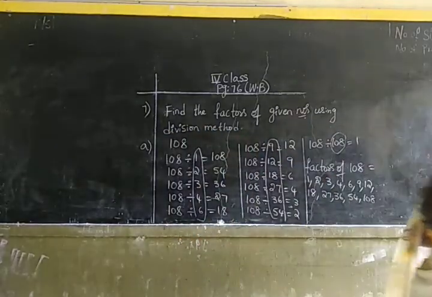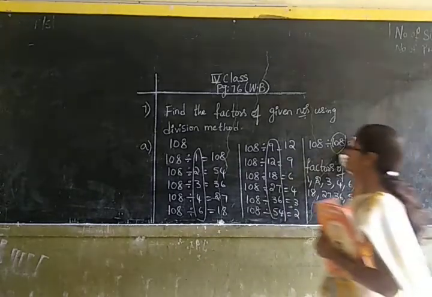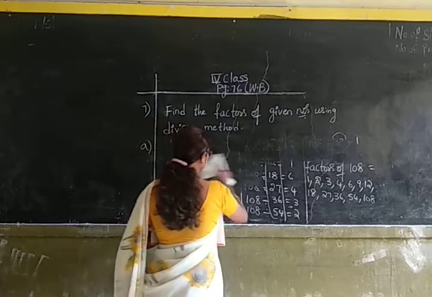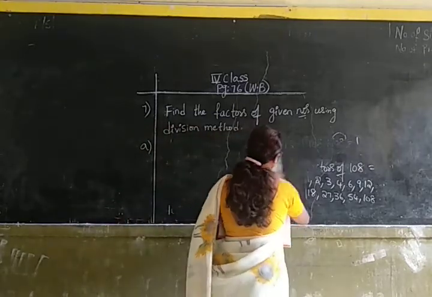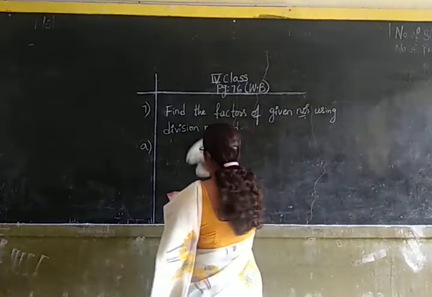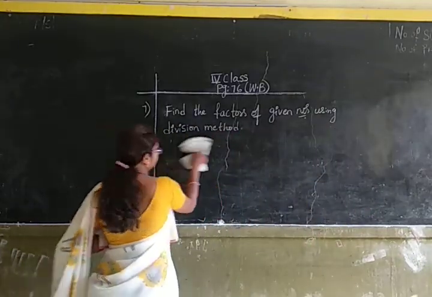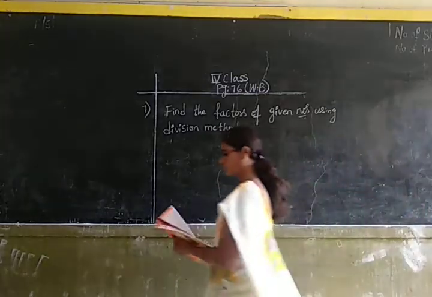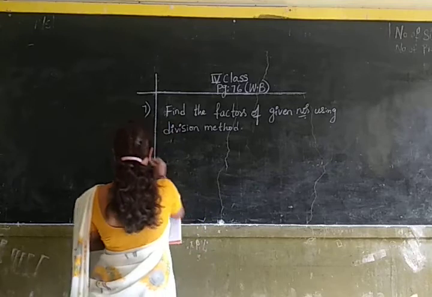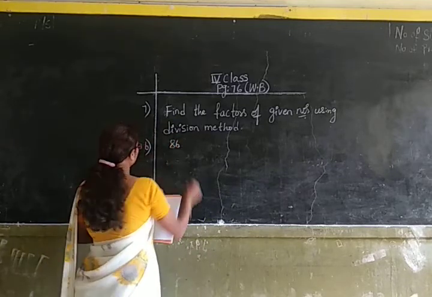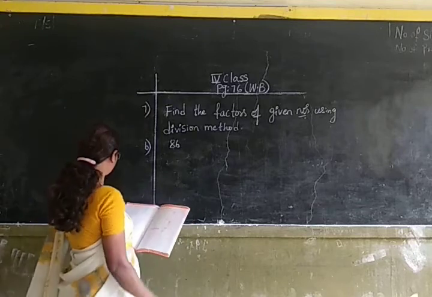Okay children. Now let us do the B sum. Let us find out the factors of 86.